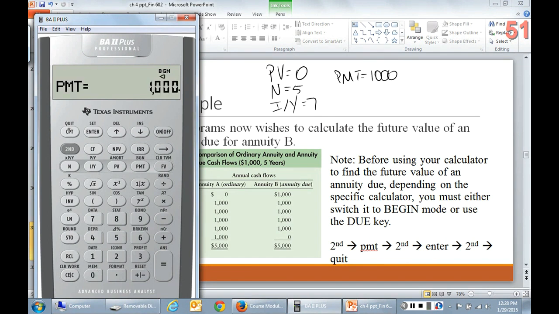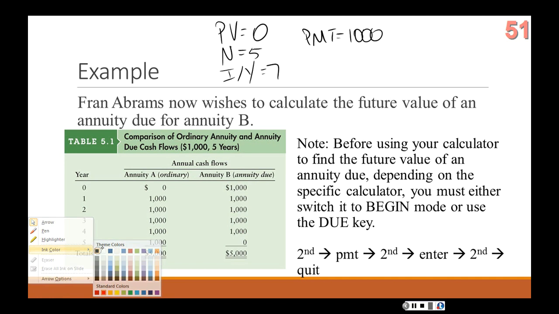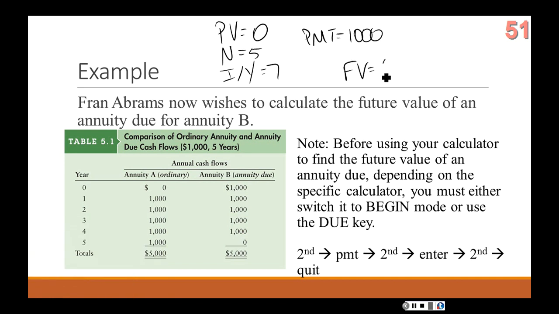And we're wanting to compute the future value. $6,153.29.